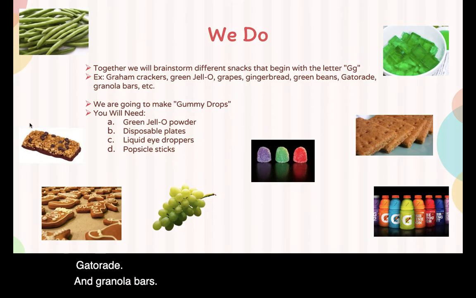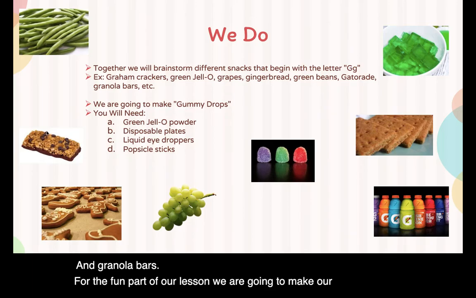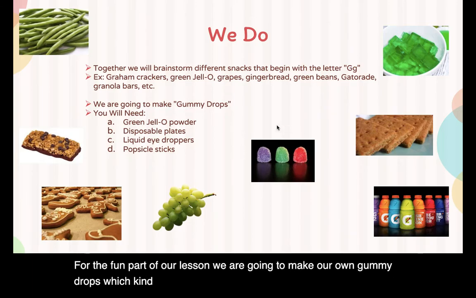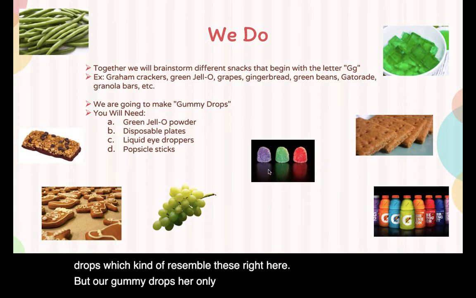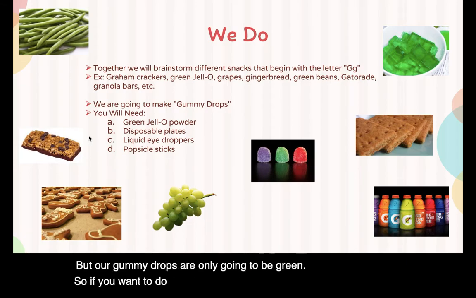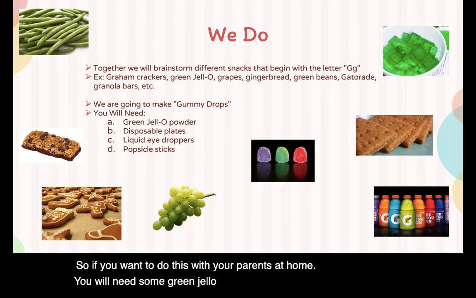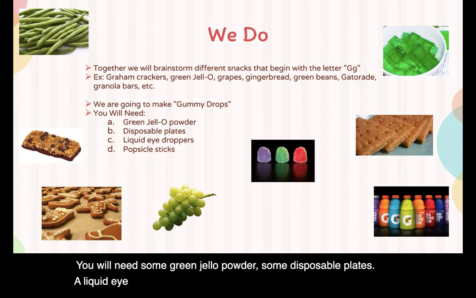Now, for the fun part of our lesson, we are going to make our own gummy drops, which kind of resemble these right here. But our gummy drops are only going to be green. So if you want to do this with your parent at home, you will need some green jello powder, some disposable plates, a liquid eyedropper, and some popsicle sticks.